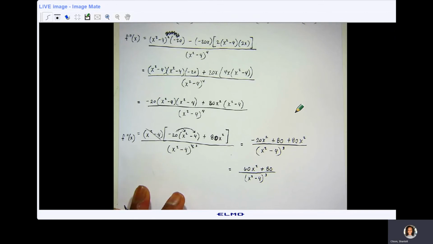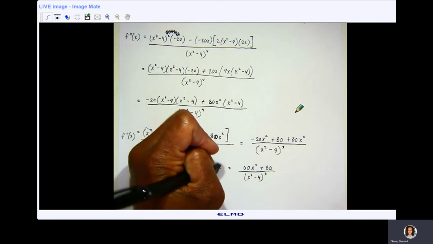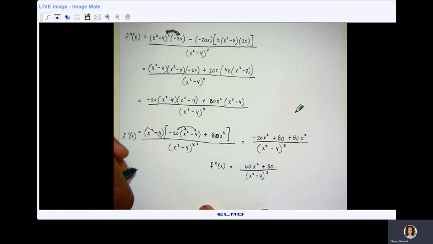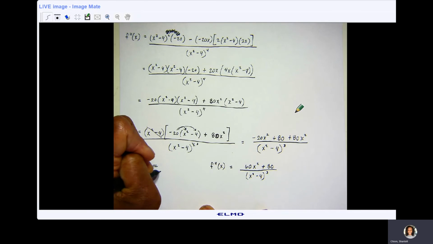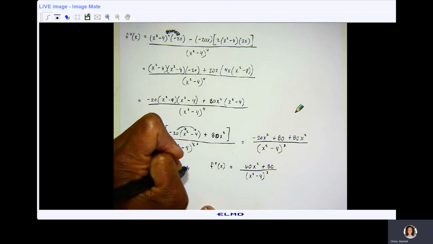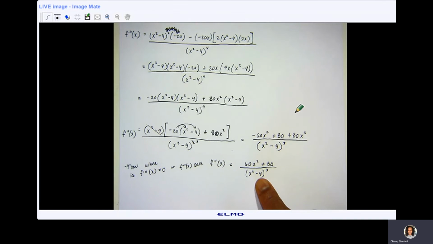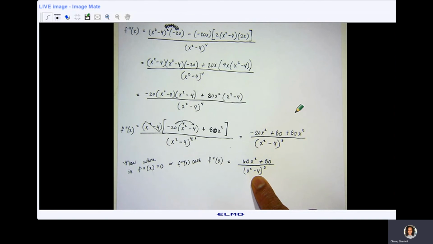Now, what we want to do is see where it's possibly equal to 0. So this is f double prime. Now, where is f double prime equal to 0 or doesn't exist? Well, f double prime doesn't exist at -2 and +2.